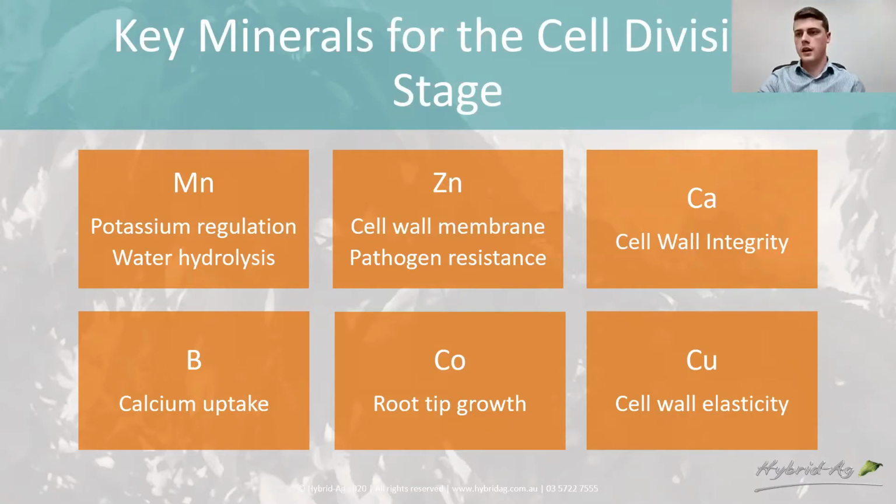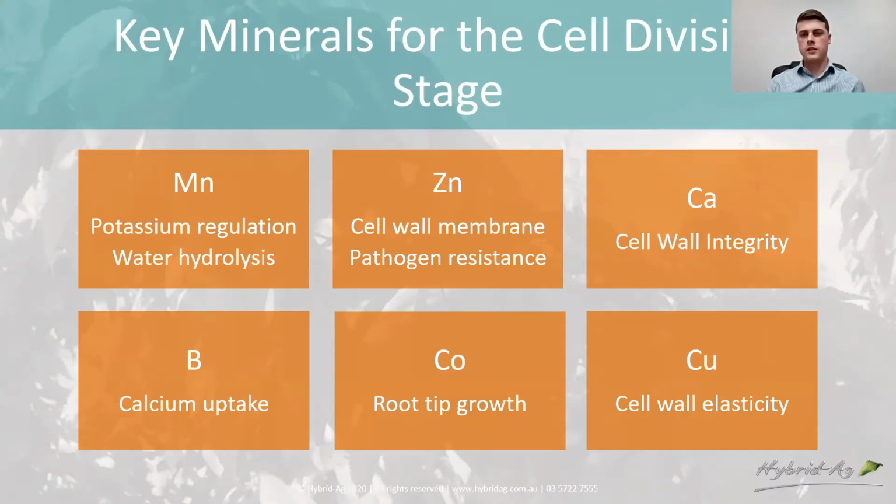Another one that's not talked about so much is cobalt. When we were talking about plant growth regulators mimicking hormones in the plant, such as cytokinin, most of the cytokinin naturally produced in the plant is produced in a growing root tip.